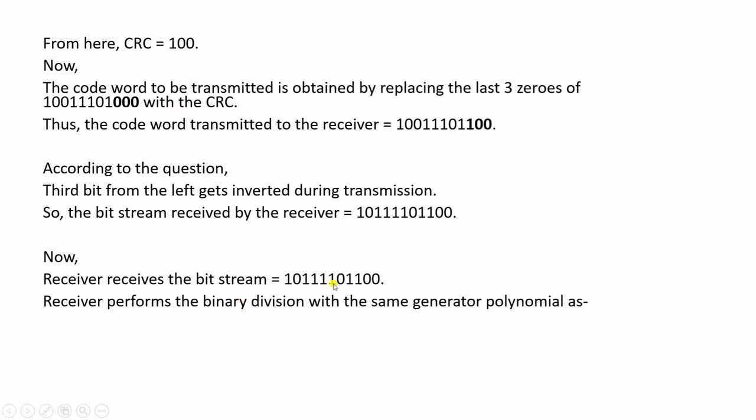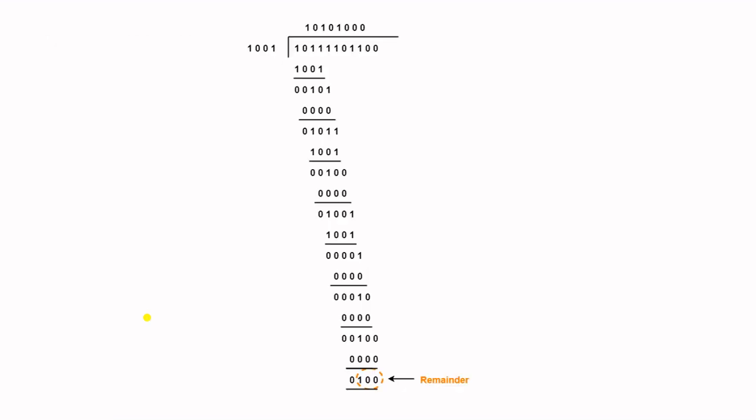Now the receiver receives this bit stream. The receiver performs the binary division with the same generator polynomial. Again the division is performed, all those steps will be followed, and finally we get the remainder as 100. It is not 0.